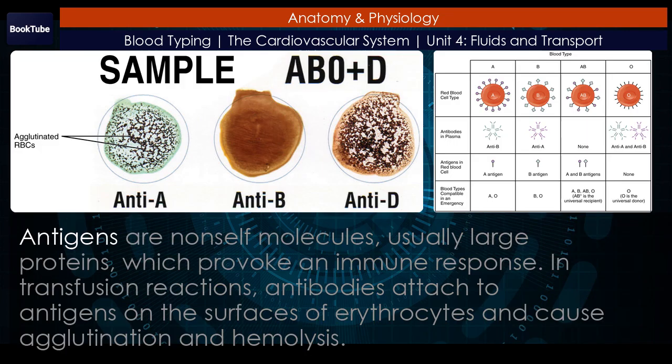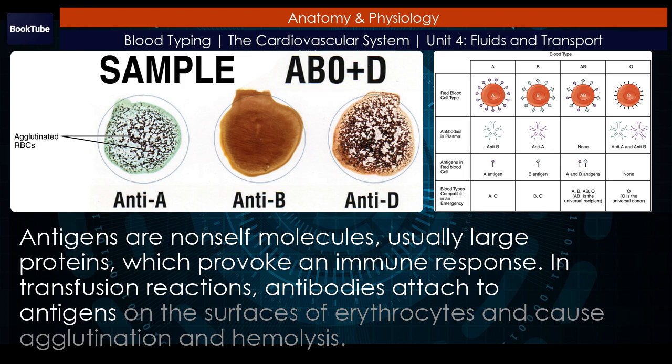Chapter Review. Antigens are nonself molecules, usually large proteins, which provoke an immune response. In transfusion reactions, antibodies attach to antigens on the surfaces of erythrocytes and cause agglutination and hemolysis.